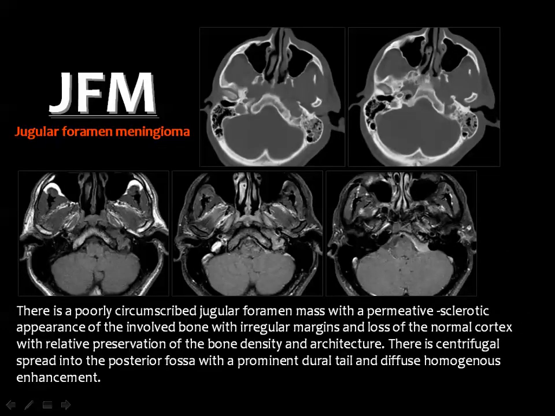And here in the jugular foramen meningioma, this is the tumor which is of intermediate signal in the T1. It shows some faint contrast enhancement, and this may differentiate this tumor from the glomus tumor, which is enhancing strongly, as I will present in some of these cases.